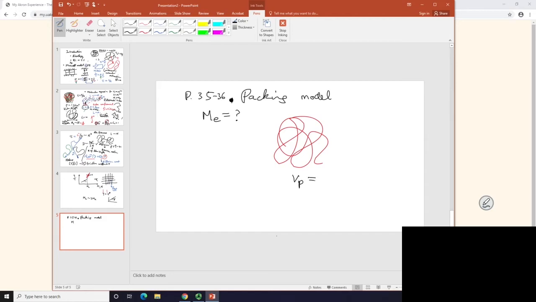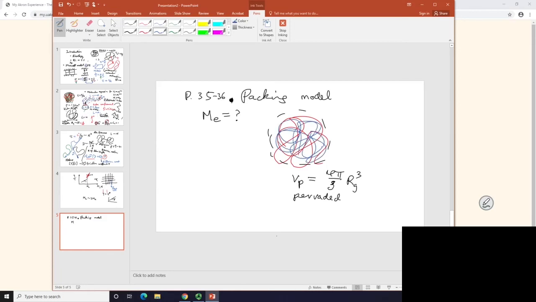The physical space, of course, is the so-called pervaded volume. That is, of course, a sphere, if you like. It has a volume of this much. And how many other chains can be in there?